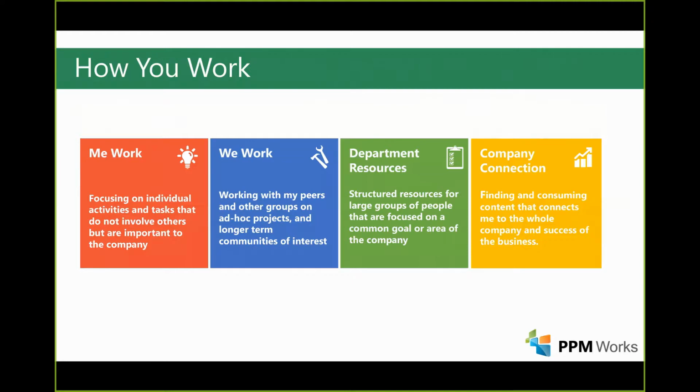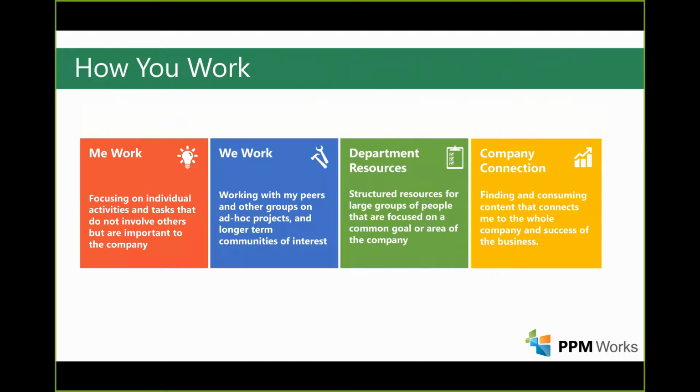We work, working with a group, maybe some ad hocs, but some longer term projects in that case. That's where you're going to be getting into the work management of the organization. Departmental resources and structured work, you're going to be getting into your project management area. And then lastly, across the board or enterprise-wide, you'll be getting into that company or portfolio management. So those are really the four.